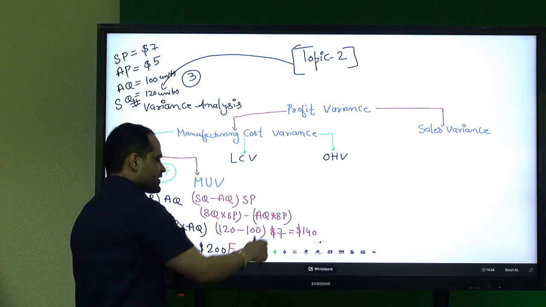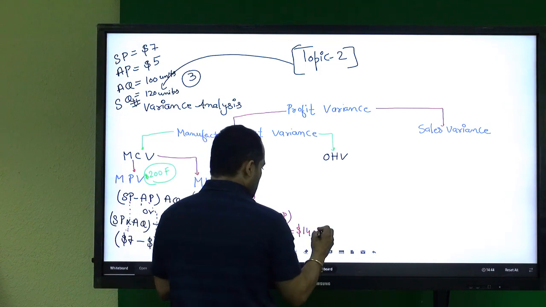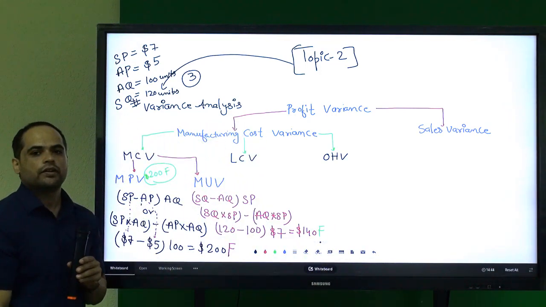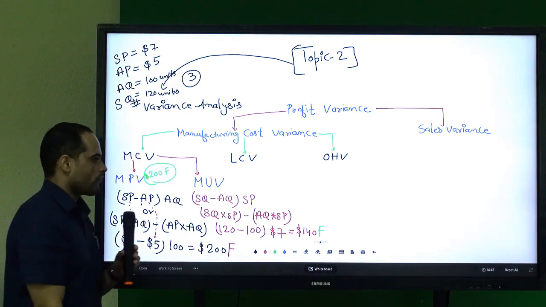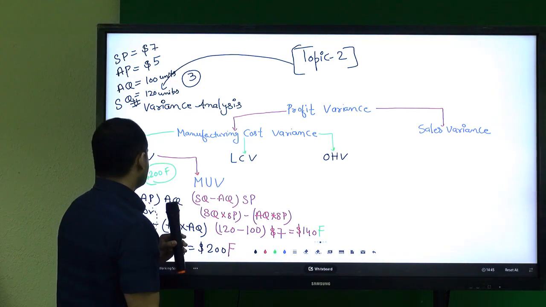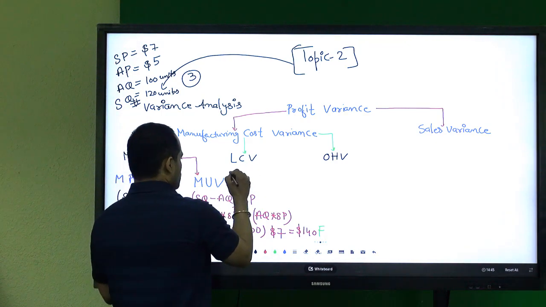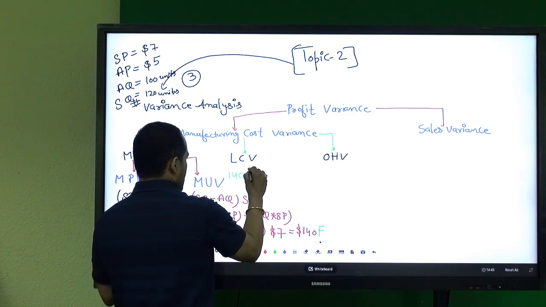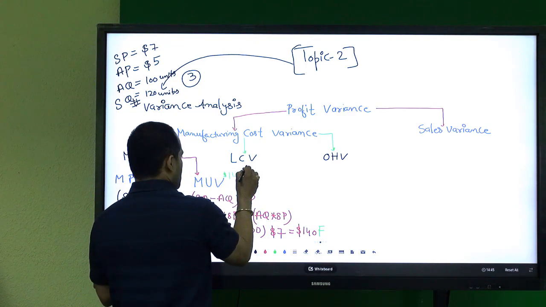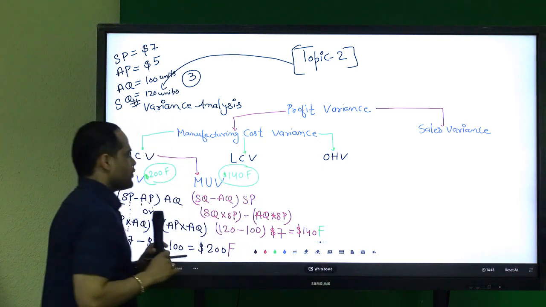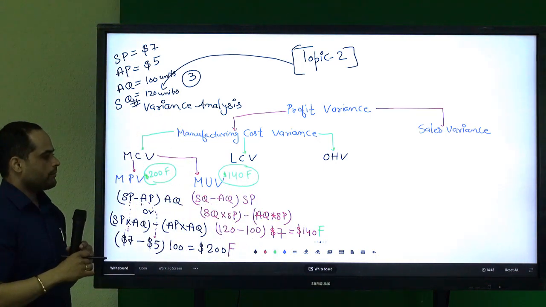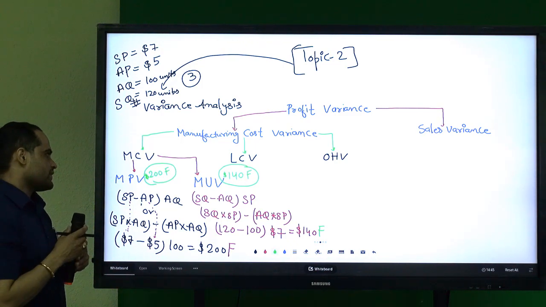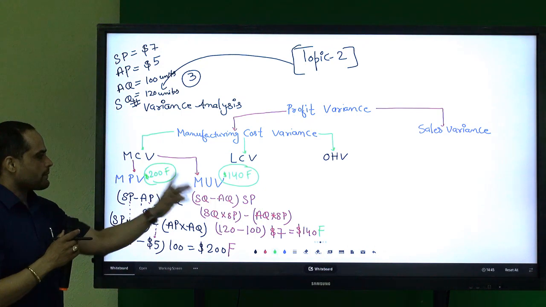By that reason, it's $140 favorable. So 140 F is my material usage variance. That's my material price variance and material usage variance.